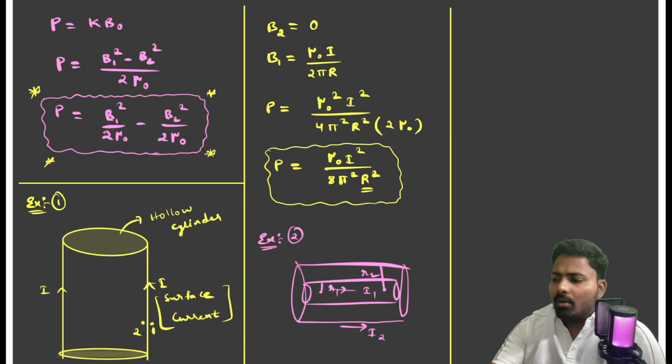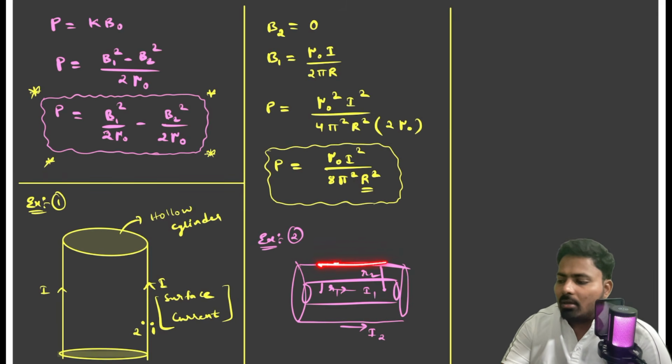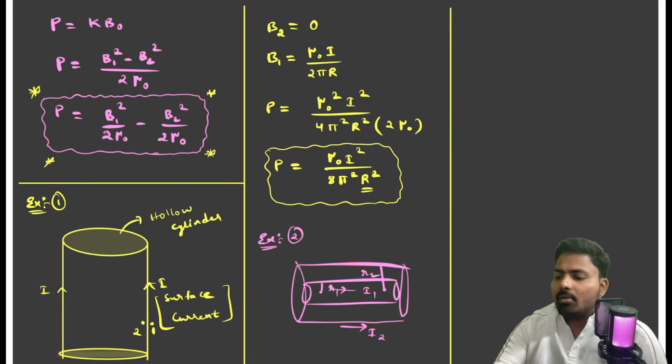Now they might ask you to find the pressure on this surface. Simply take 2 points, one on either side of the surface: this is point number 1 and this is point number 2. You need to understand that at point 1 the field is not 0.